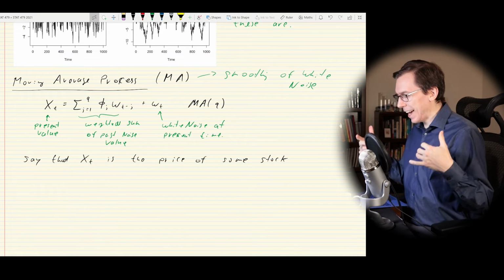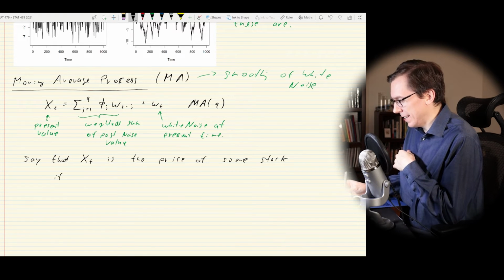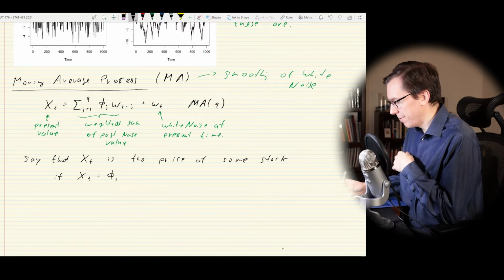But let's say x is just the current price of some stock, and we model that as x_t being something like phi_1 w_{t-1} plus w_t.